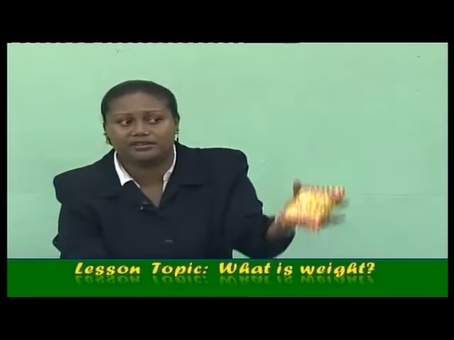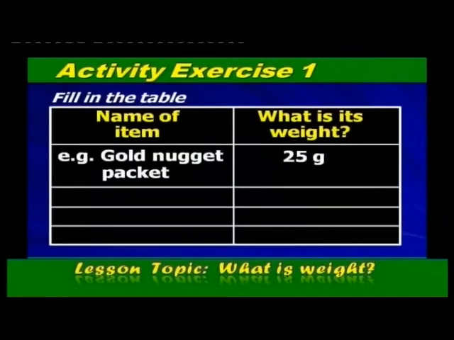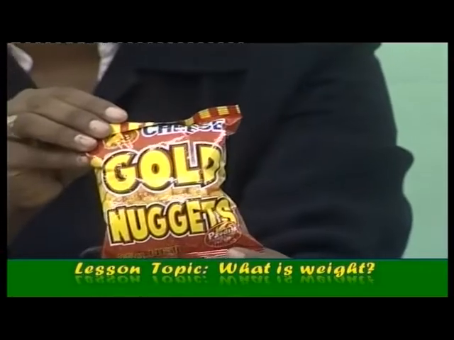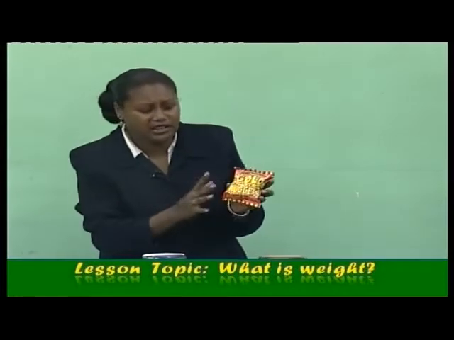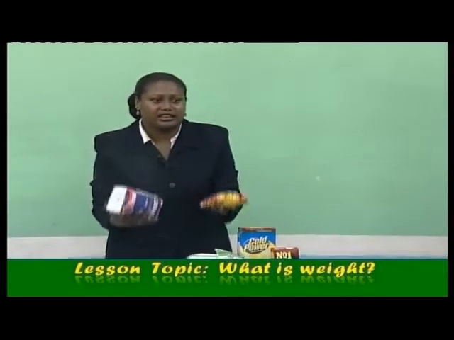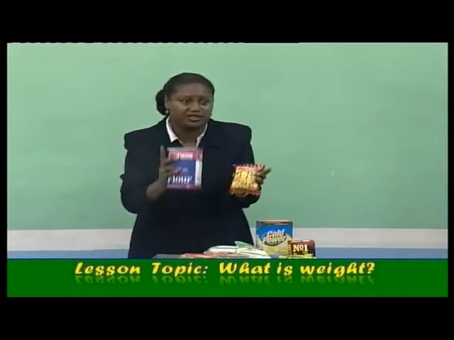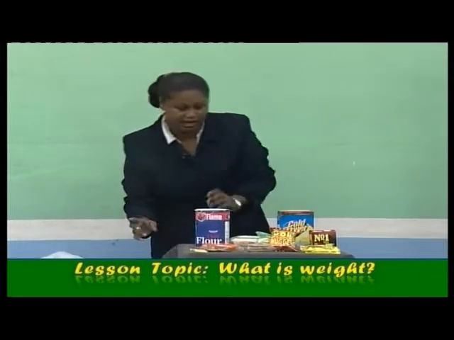What is the weight of this item? The weight of this gold nuggets packet is 25 grams. If you can't tell the difference between the weights, get the items that you brought and compare which is heavier, and then arrange them from the smallest to the biggest. All right? Thank you. You can start.